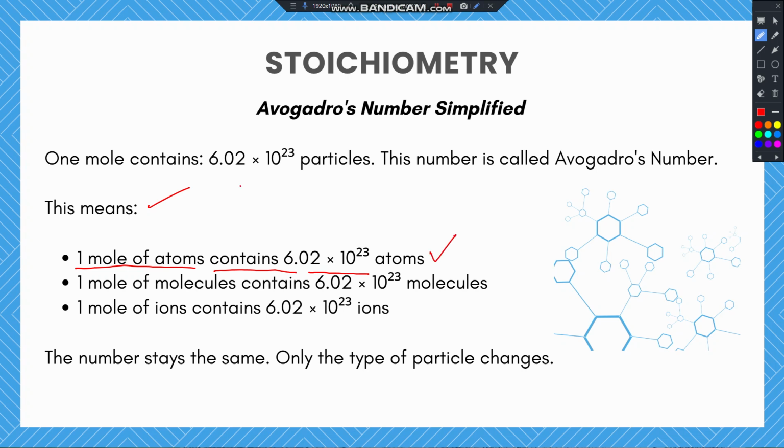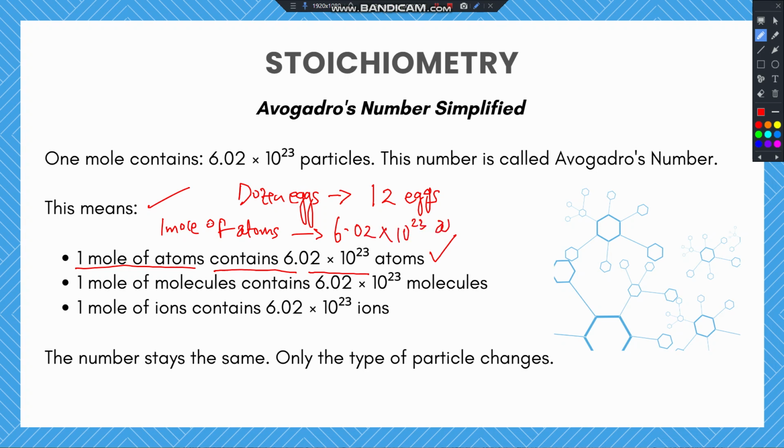Just like if I say a dozen eggs, I am simply referring to 12 eggs. In the same way, when I say 1 mole of atoms, I'm referring to 6.02 times 10 raised to power 23 atoms. I guess it makes sense at this point.